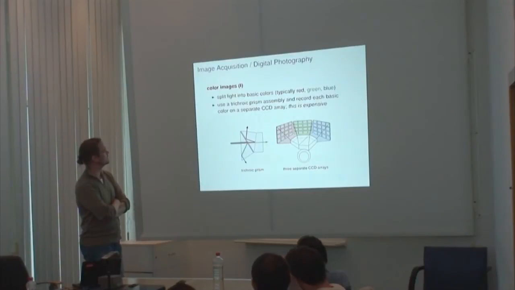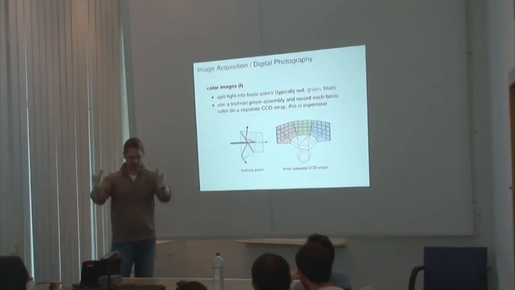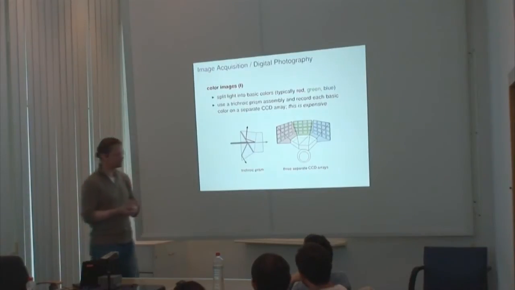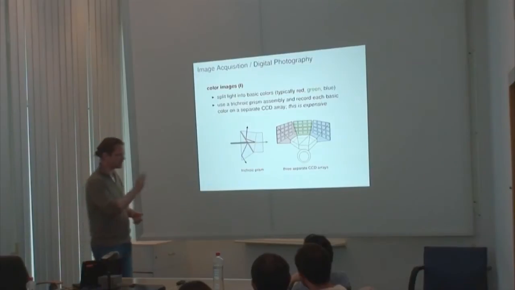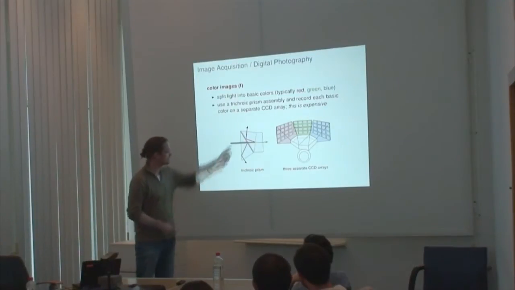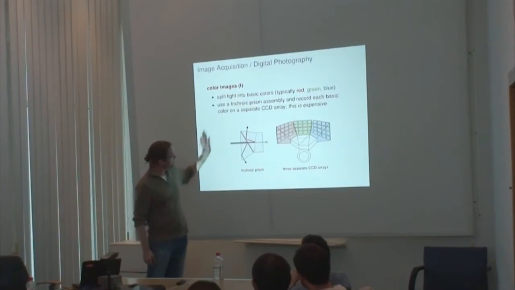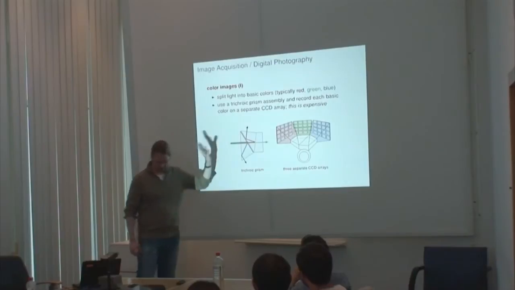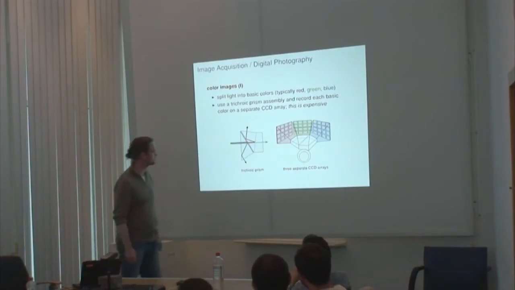One idea is to split the light that hits the lens into different channels or frequency bands. Typically what is considered there is red, green and blue. Behind the lens there is, in certain cameras, an apparatus called a trichroic prism.